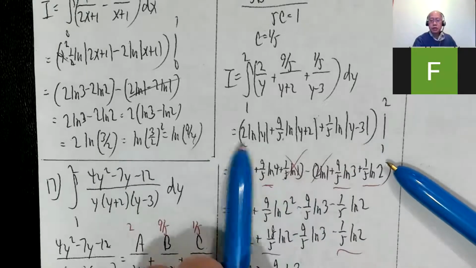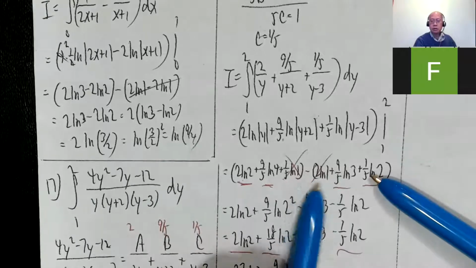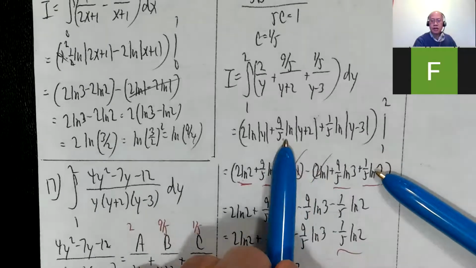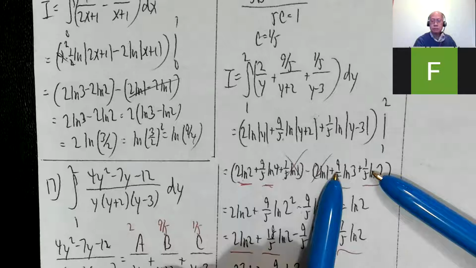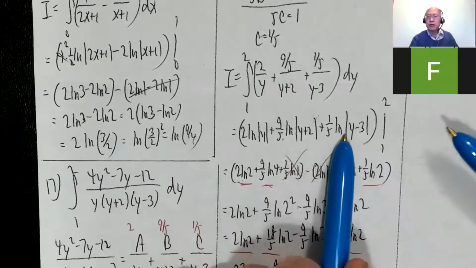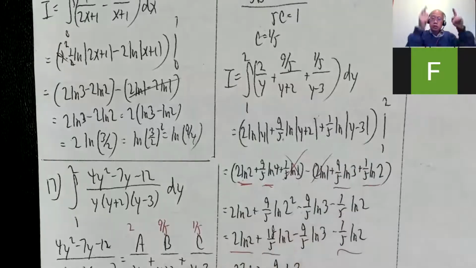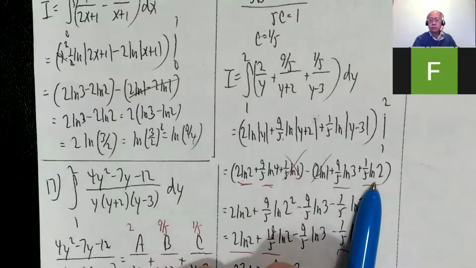Minus, plug in 1. 2 ln absolute value of 1 is 1. ln of 1 is 0. That's gone. Plug in 1 here. 9/5 ln absolute value of 3 is 3. 1/5 ln absolute value of 1 minus 3. 1 minus 3 is negative 2, whose absolute value is 2.